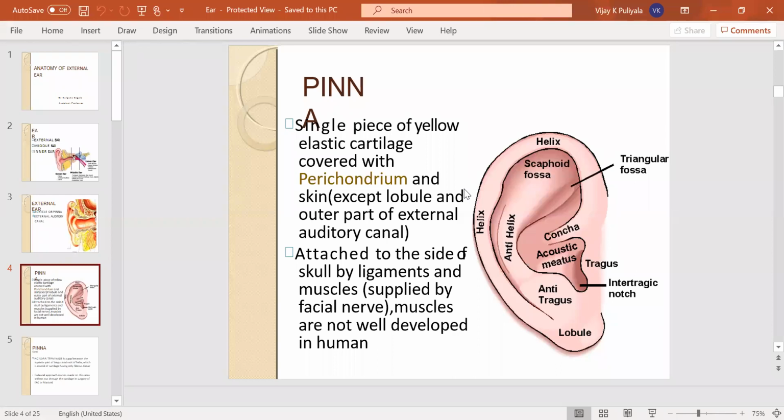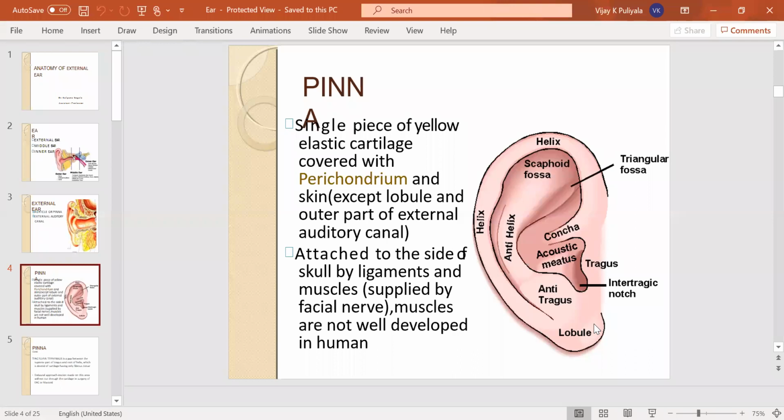The auricle is a single piece of yellow elastic cartilage which is covered by the perichondrium and the skin. Except here we don't have the cartilage: within the lobule we have only fibrofatty tissue.